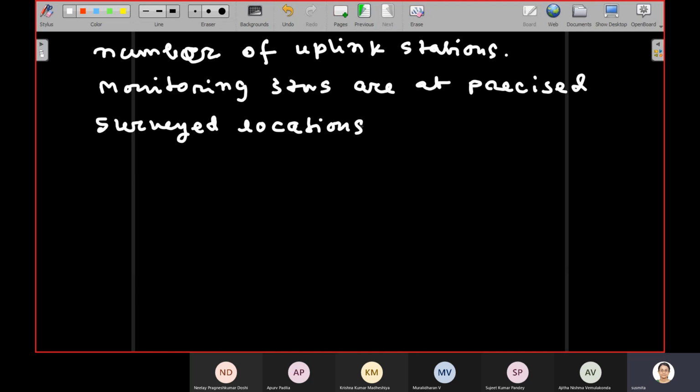These measurements are sent to the master station. The master station post-processes, so this is offline processing, all these measurements from different monitoring systems. Because the monitoring system locations are accurately known, they actually do the reverse.